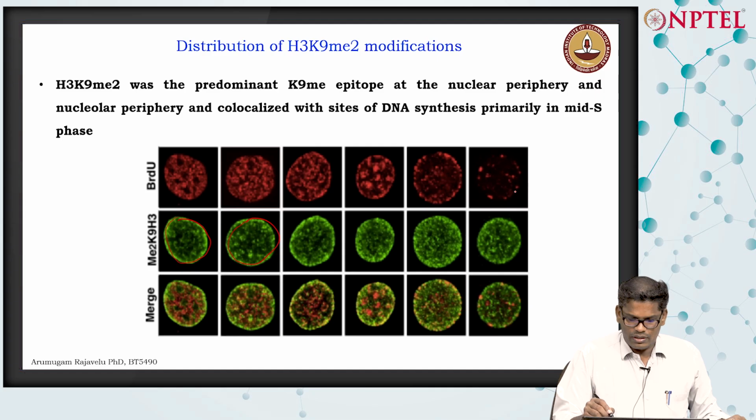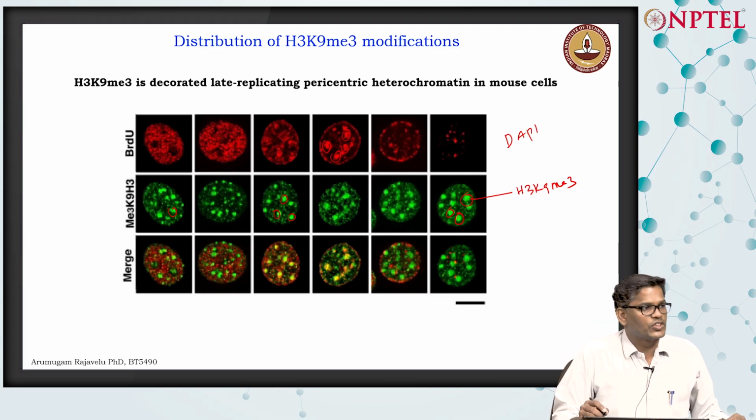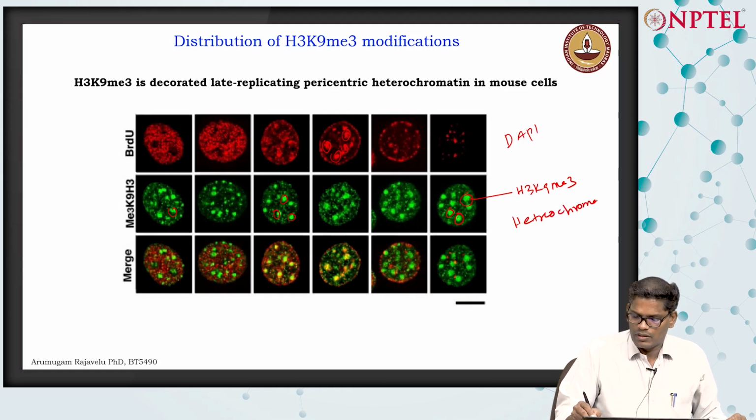At least you should keep in mind that H3K9 Me2 is mostly at the nuclear periphery, whereas Me3 is as a condensed chromatin. So this is basically heterochromatin. This directly tells us yes, this is a gene repressive mark.